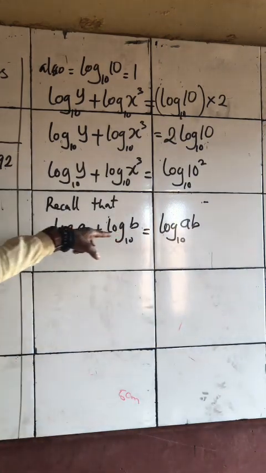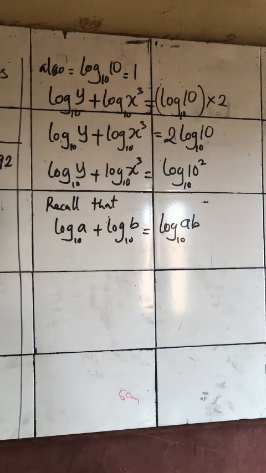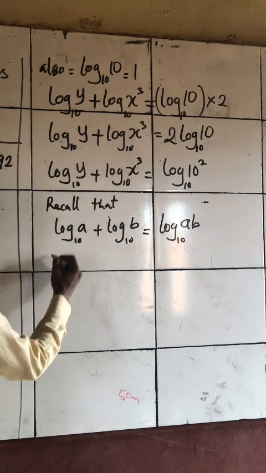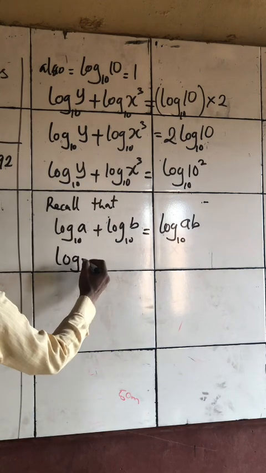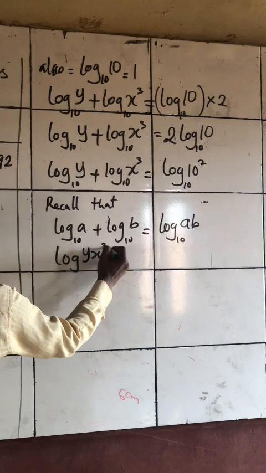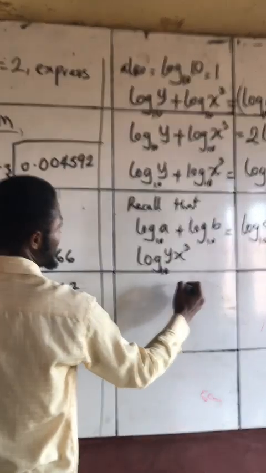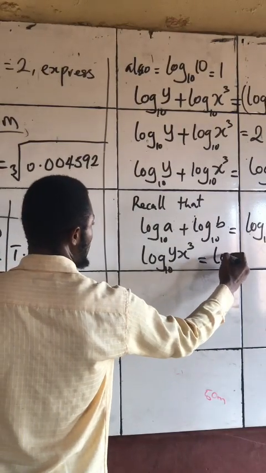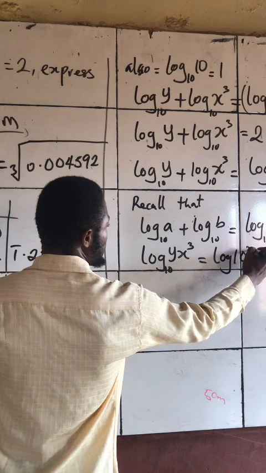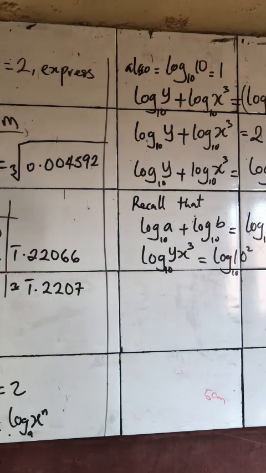That is under addition and subtraction, isn't it? Now, from this place, I can say that I have log y x raised to power 3 base 10 equals to log 10 raised to power 2 base 10.